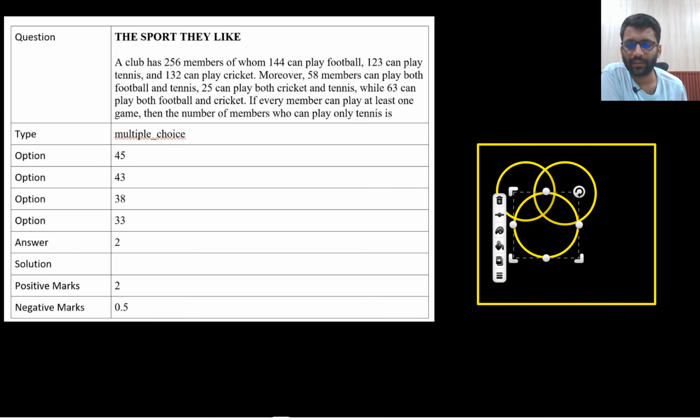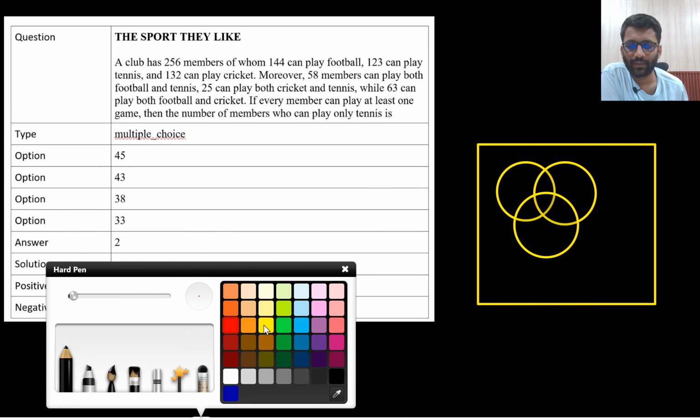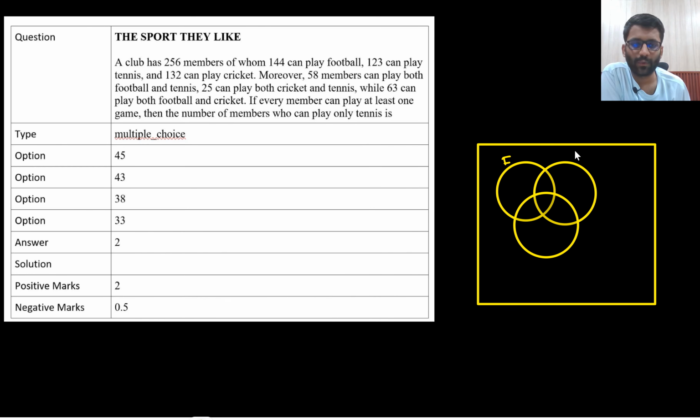Football, tennis, cricket. And 58, 63 can play both. If every member plays at least one game, then the number of members who play only tennis is? Only tennis. You need to find this area. This area you need to find.